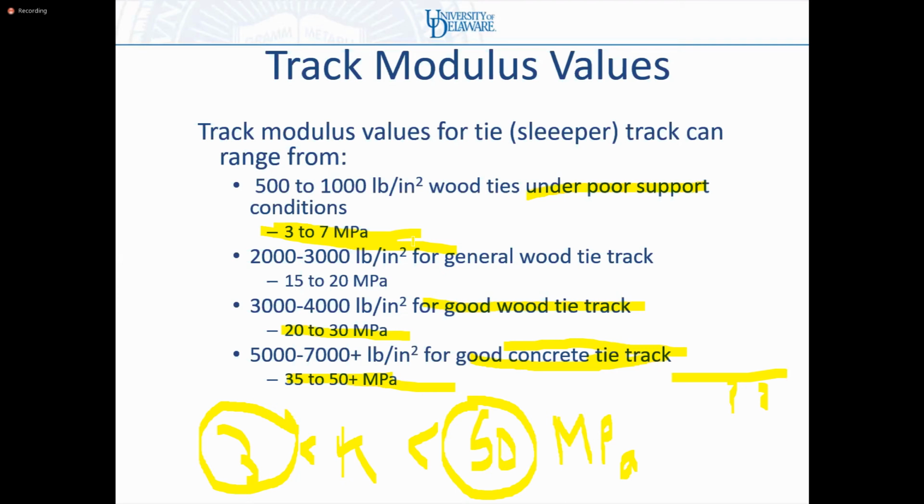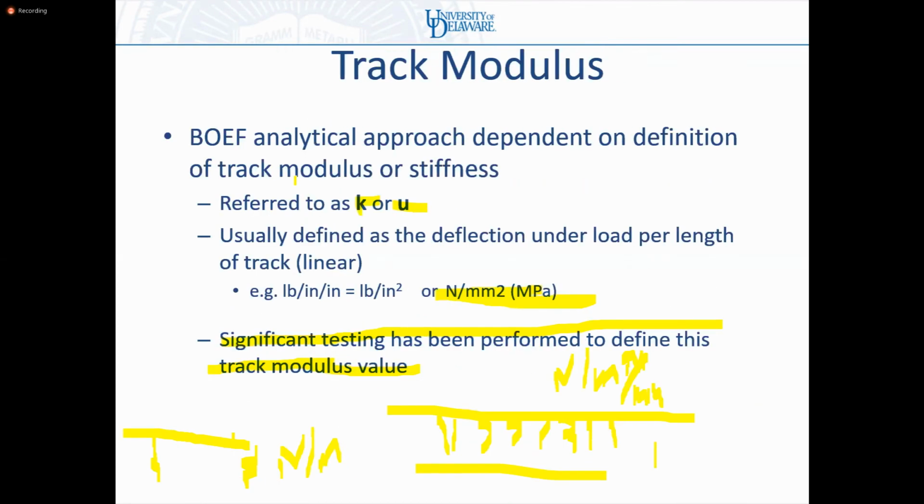And that, as I will show you in a minute, has major ramifications in terms of how much the track will deflect, how much stress you will get, etc. Obviously, the softer the track, the more the track is going to deflect, and as you'll see, the greater the level of stresses, so the greater the range or the variation of stresses. Actually, the stresses go the other way. So that's my track modulus.